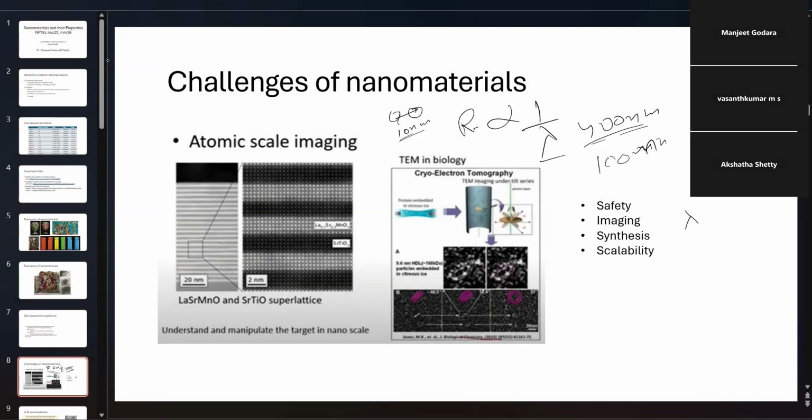So for XRD, or if you want to see atomic spacing, you use X-rays. But you cannot use X-rays to see optical photos optically. To do that, we go to electron microscopy.